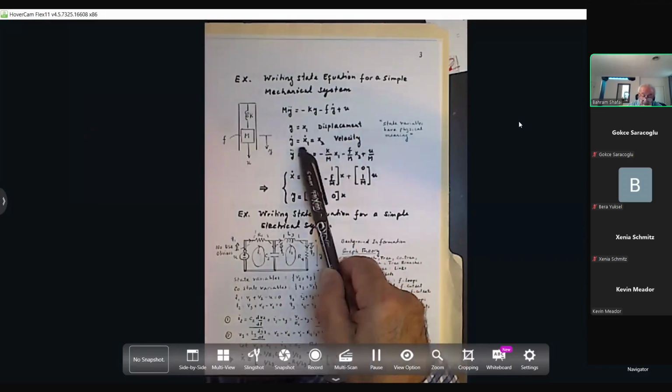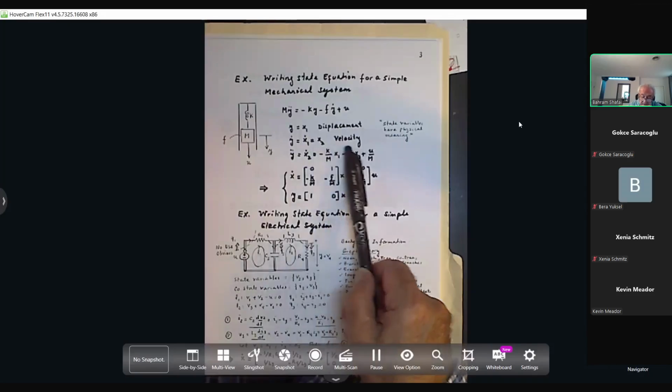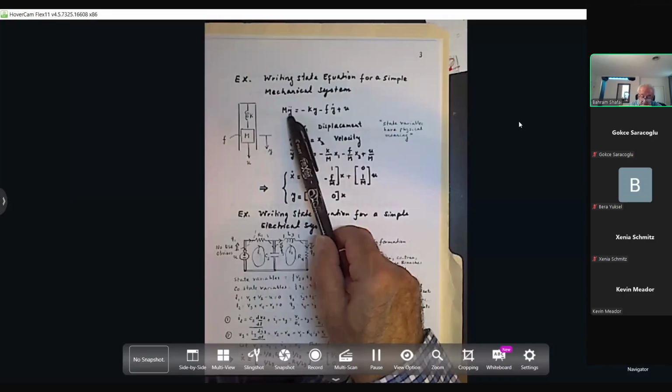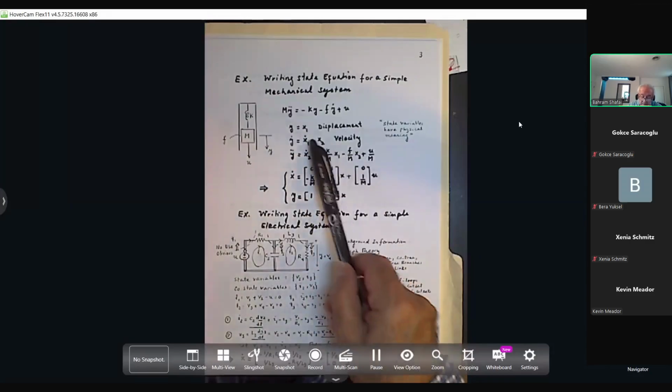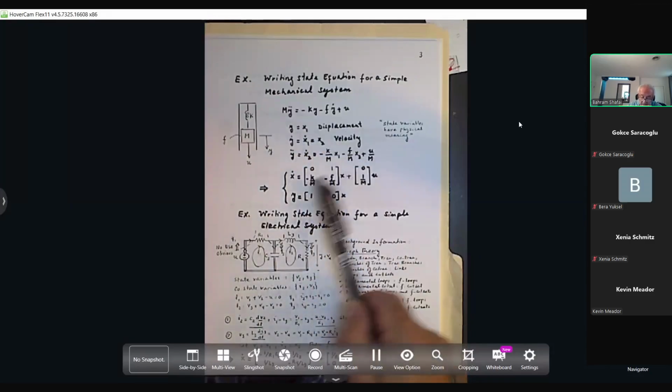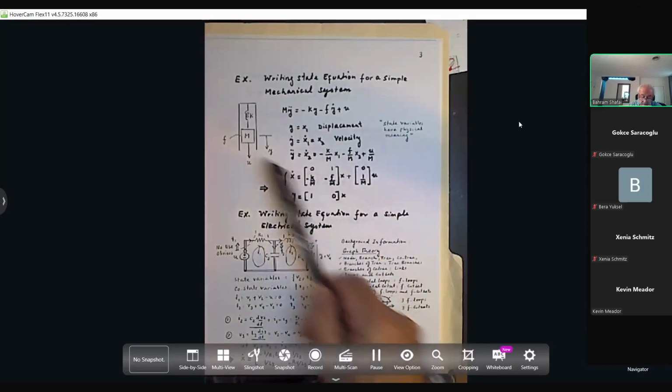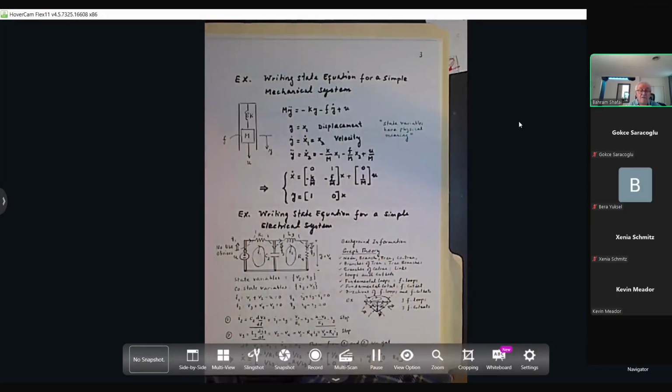The velocity, which is the derivative of displacement, is the second state variable. The highest order derivative can be derived in terms of the x1 and x2 that you define. And you have the state equation in terms of this physical system, for which you have some feel for what the state variables are.